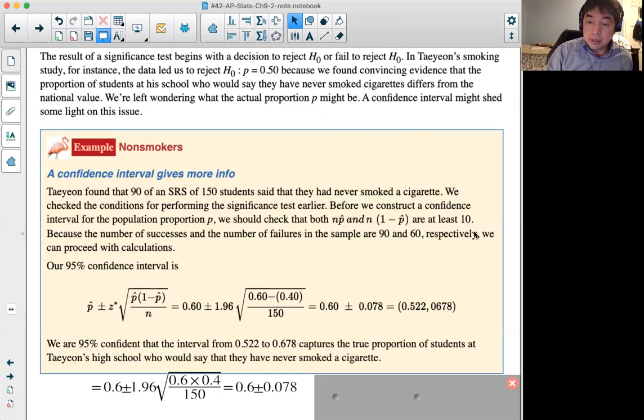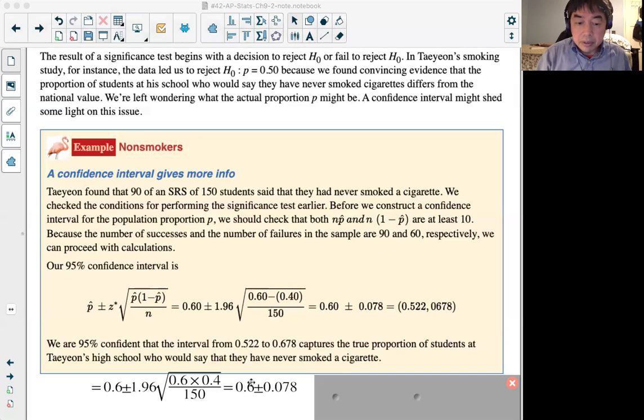This is the standard error. And multiply by 1.96. Oh, what am I doing? Times 0.04, I believe. Okay, so 0.078.